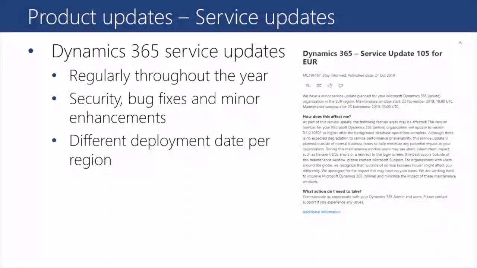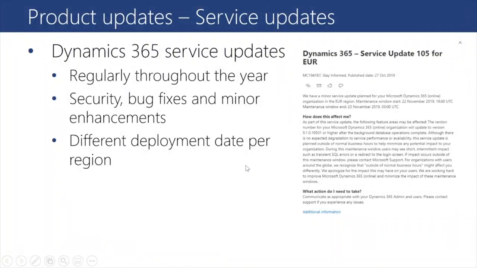Besides those feature releases, these major releases, we also have the service updates, which are released regularly. Most of the time it's once per week. We are only skipping public holidays, like Christmas, but usually it's once per week. A service update may contain security updates, bug fixes, or minor enhancements.